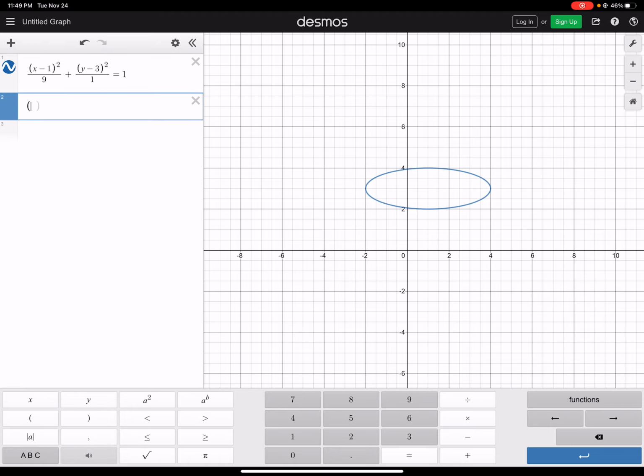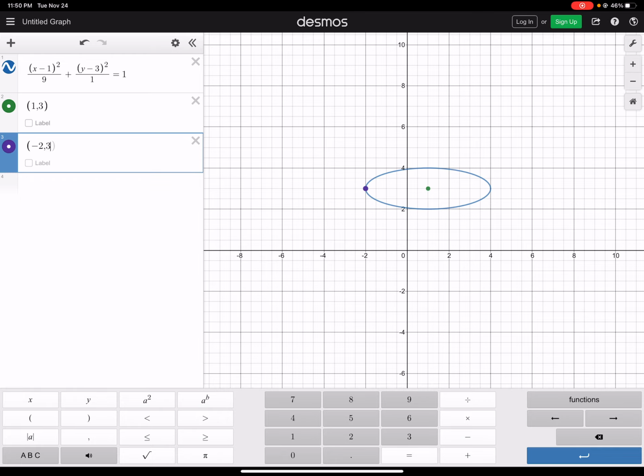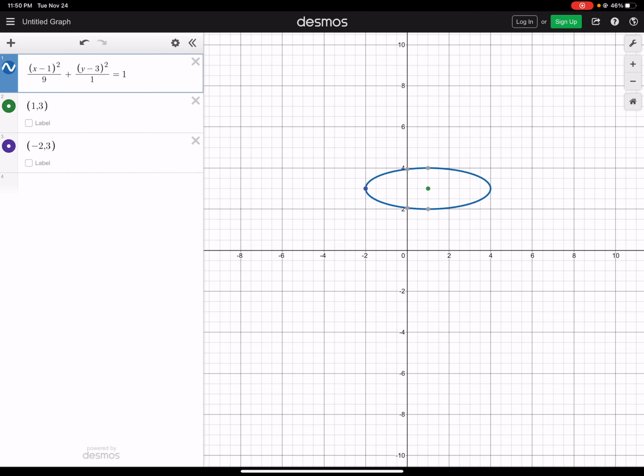If I graphed the point 1 comma 3 right there, then from there, if you went left 3, you should be at -2 comma 3, and then you should be on the other side over here at 4 comma 3, and then up and down 1, 1, 4, and 1, 2 is going up and down 1 from there.